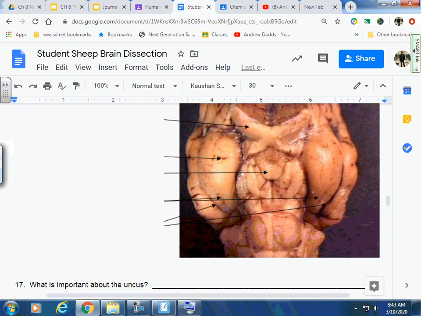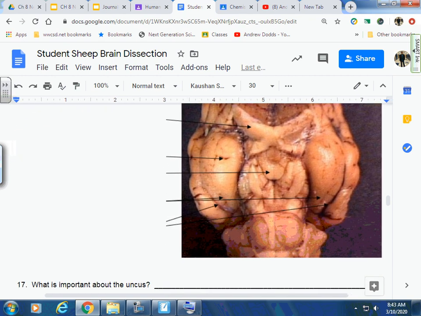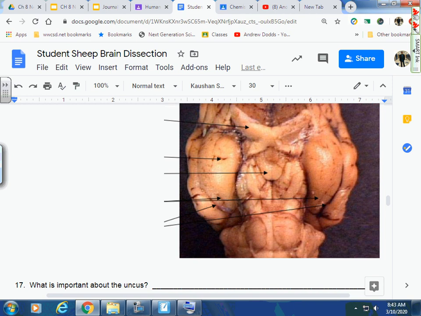All right. So 16, optic nerve again. All right, and then this structure to the side is called the uncus.